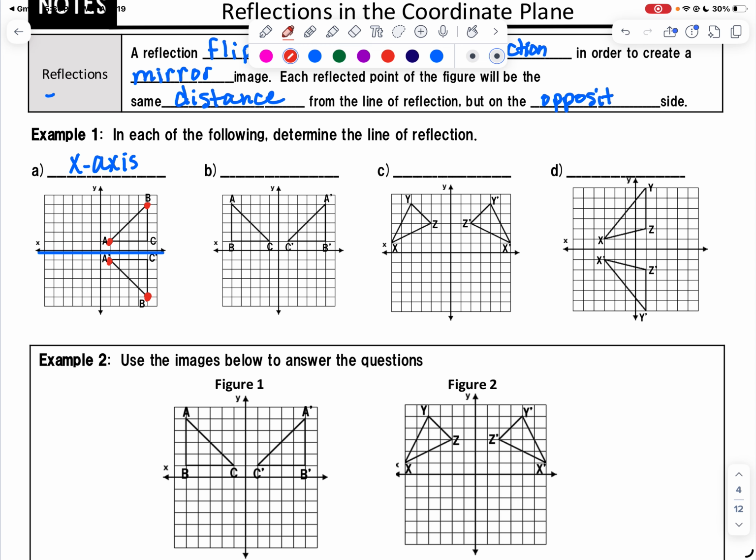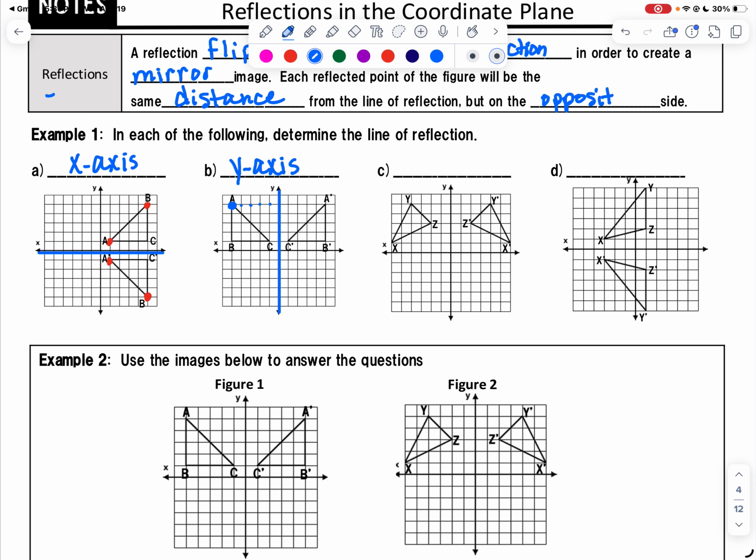All right, problem B, we have triangle ABC, and it's been flipped over this line. This line is called our y-axis. So all of our points will be the same distance but opposite sides. So for example, point A is 5 to the left of the y-axis.